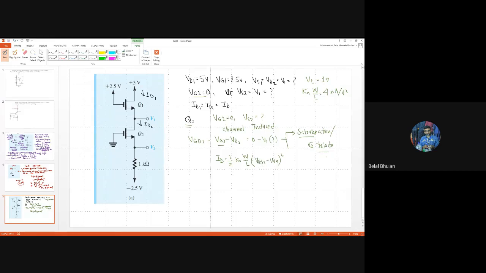Otherwise, if you go for triode region, we would have both VGS and VDS. So just to minimize the complexity, we are assuming saturation is on. So if I put in all the values, ID equals half times 4 times (VGS, which is 0 minus V2, minus VTN, which is 1) whole square.